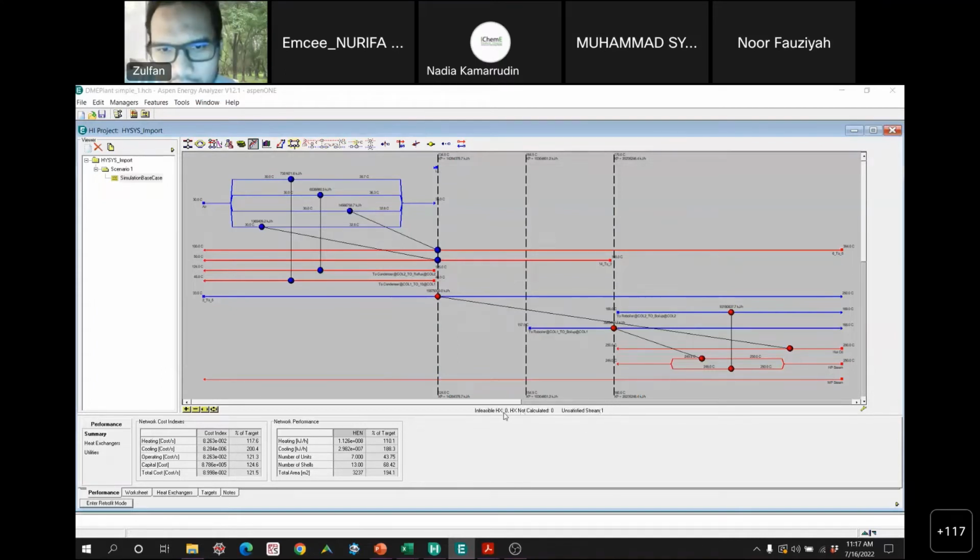There is no infeasible heat exchanger, heat exchanger calculated 0, but there is one stream not satisfied, which in this case is the MP stream. I just put it there so that you know we have that option. But if we put it into this file, Aspen will say that this stream needs to be satisfied as well, which we don't need to.